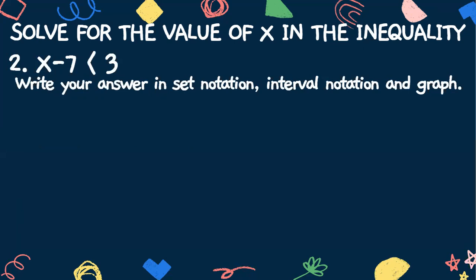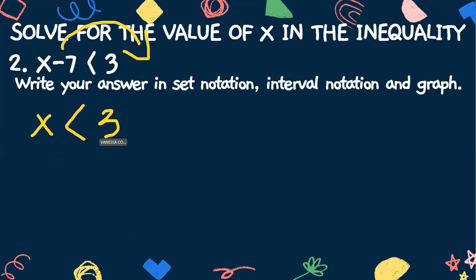Parang equation lang. So, x minus 7, si negative 7 lilipat natin dito sa kabila. So, magiging x is less than 3.